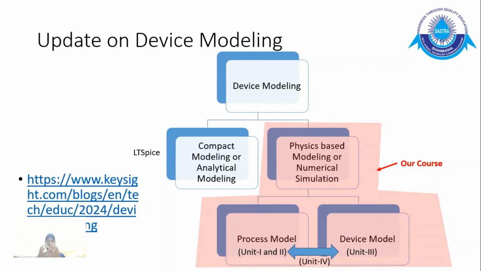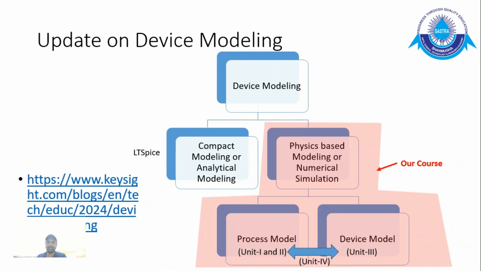So what is process simulation and device simulation? I think I told you already in the previous introduction. Process simulation is how you are going to build the device. Device simulation is how the device works. In this entire course, you'll be learning how to build some simple devices, how to simulate the working of the device, and the combination of them.